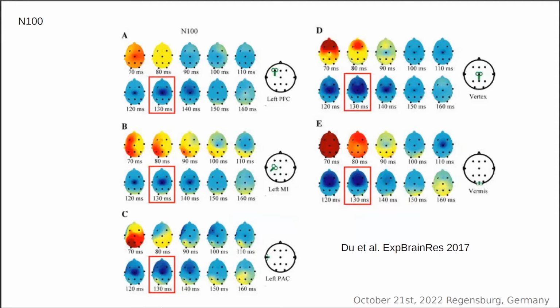This is one study that has done TMS on different brain regions. And as you can see, N100 always has the same distribution, which shows an unspecificity of the component itself. I'm stressing this for two reasons.